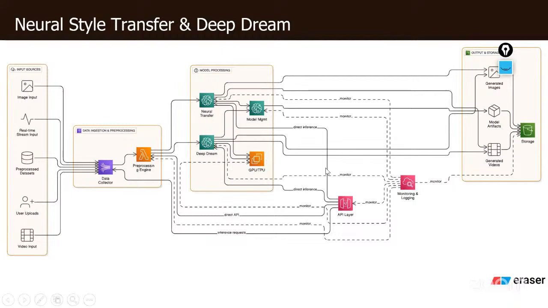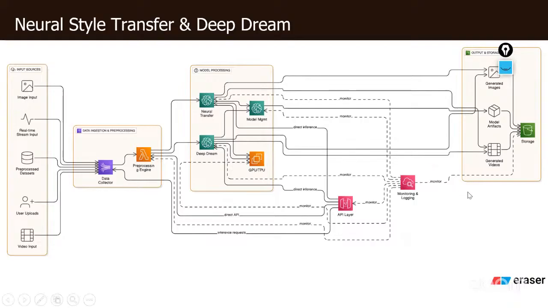After this, our fourth zone is the API layer and monitoring. Here, a RESTful inference API will serve stylization and dreaming endpoints, complete with logging, latency tracking, and resource monitoring. So it will be collectively handling all of these things.